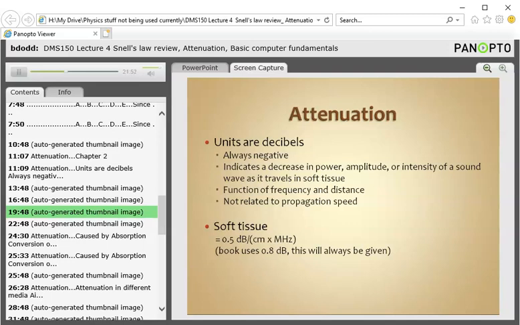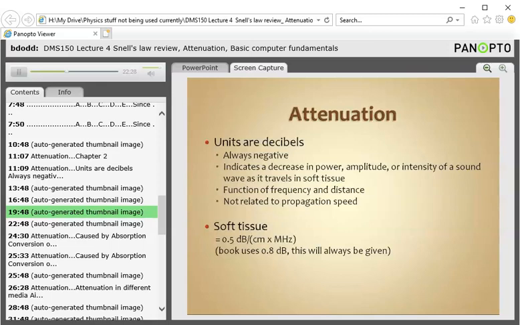This author uses 0.8 for soft tissue, 0.6 for fat, and he says that soft tissue and blood are exactly the same. I don't know how they're measuring it myself. I just know that that has to be given to you. Because it's attenuation. Attenuation's always given as a decreasing decibels.